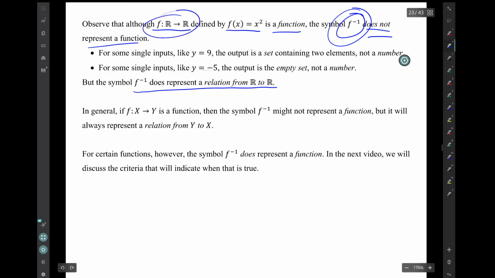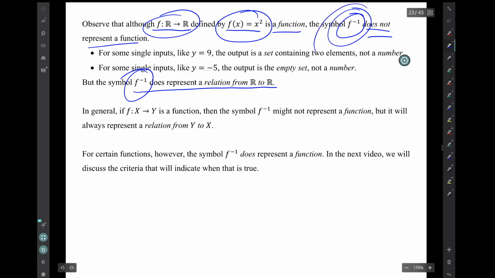It's the inverse relation for the original function, which is a relation from R to R, and so this symbol represents the inverse relation. Remember earlier I said every relation has an inverse relation.